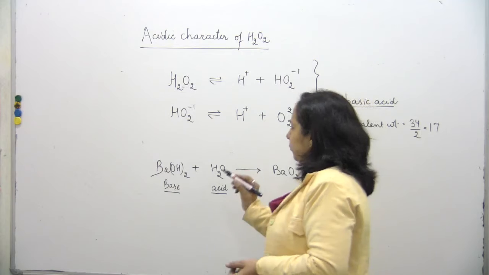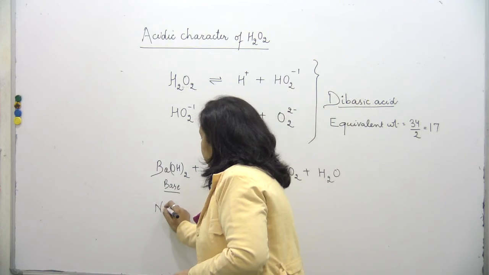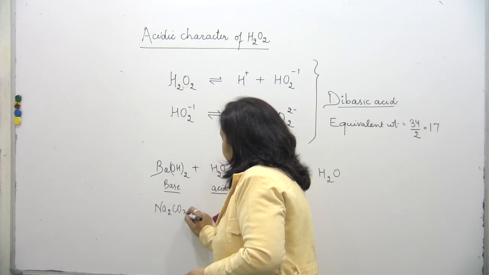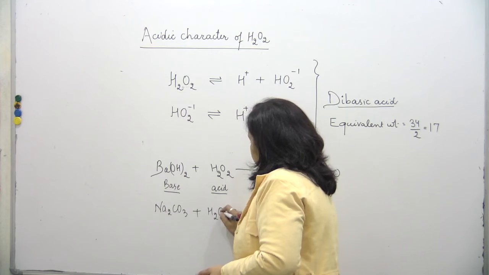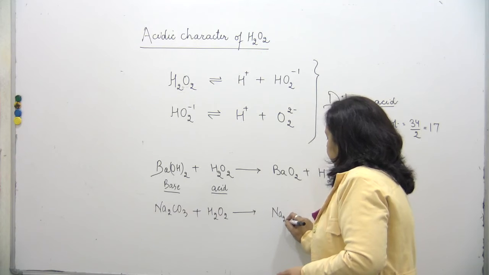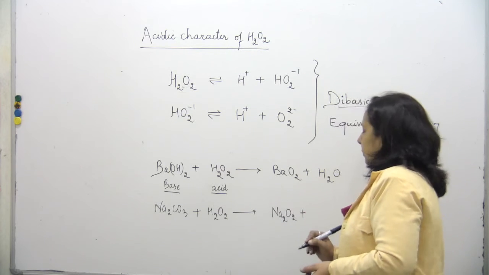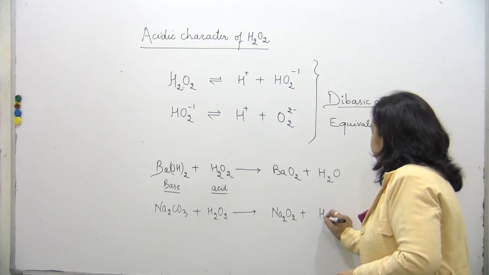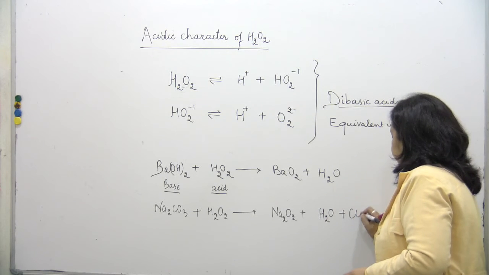The acidic nature of hydrogen peroxide is visible. In the same way, if we have sodium carbonate plus hydrogen peroxide, we get sodium peroxide plus water plus carbon dioxide.